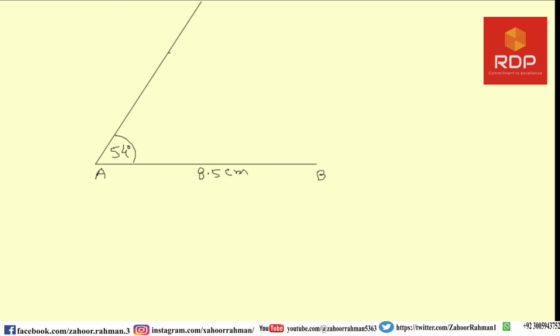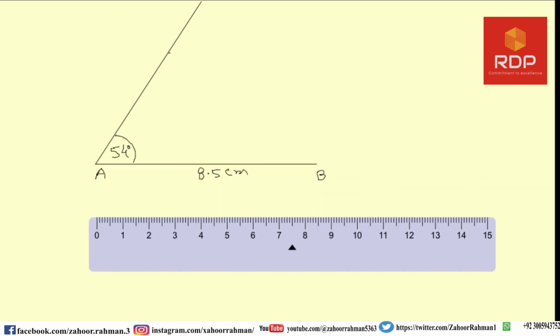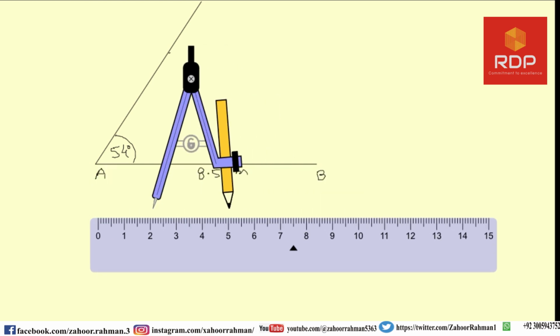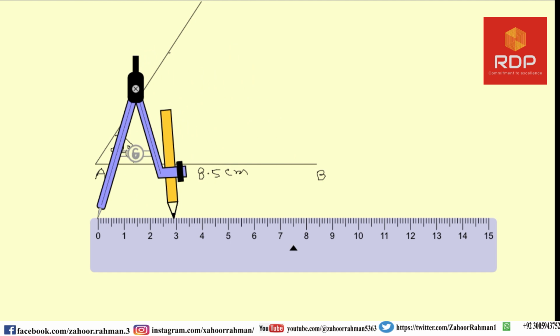Now next they are saying that the line AC will be 4.6. So let us open this to 4.6.